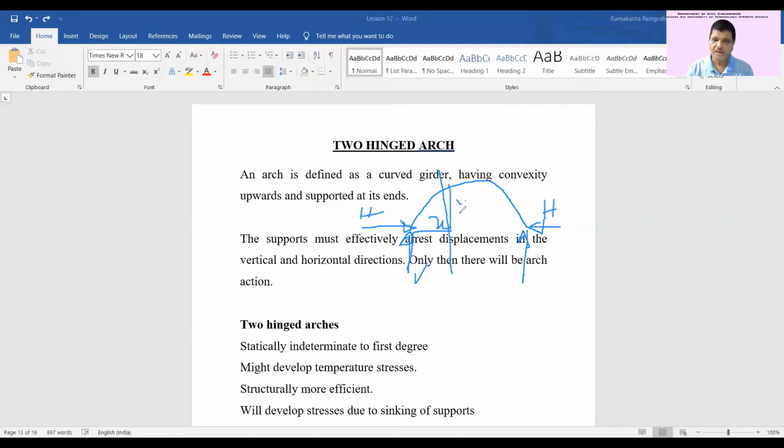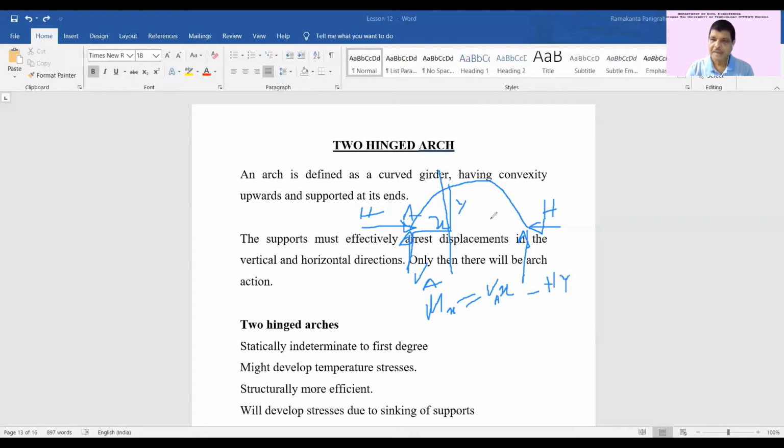This y is the ordinate of the arch. So at any section, Mx is equal to Va multiplied by x, taking support A, minus H into y.